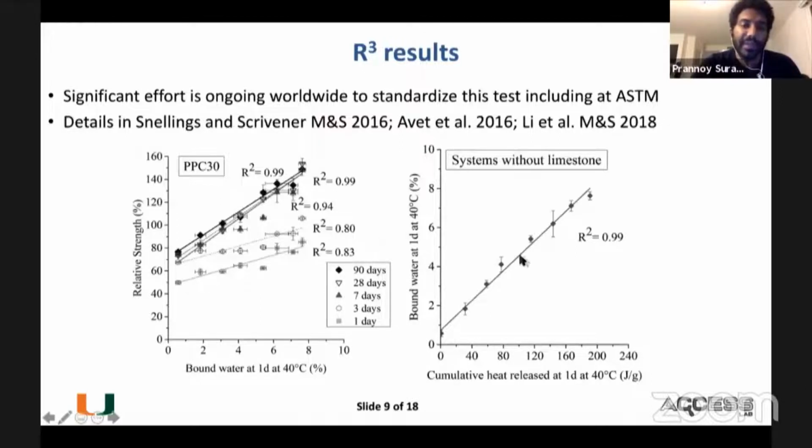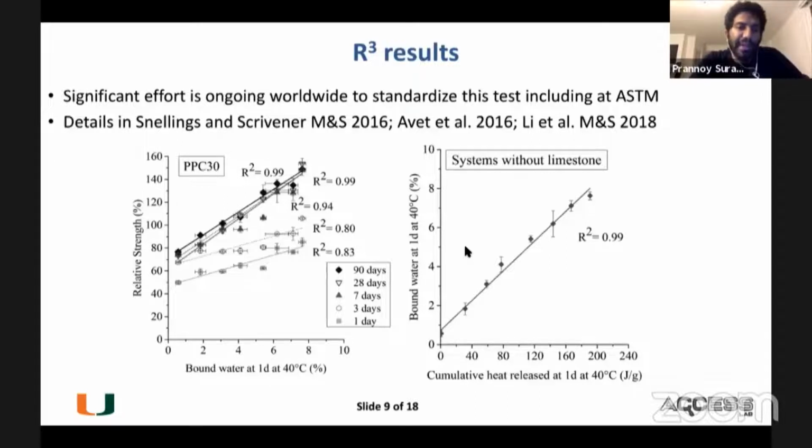Now, there is a very significant advantage that can be exploited when you consider bound water versus cumulative heat release. To measure the cumulative heat release, you need an isothermal calorimeter, which is an equipment that costs about 30,000 US dollars. On the other hand, to measure bound water, you need a furnace, which is an equipment that costs about $3,000.